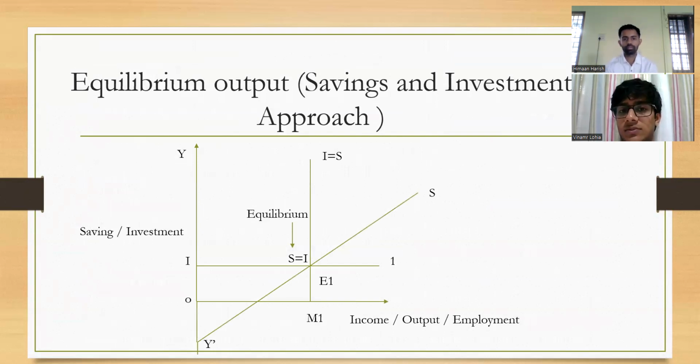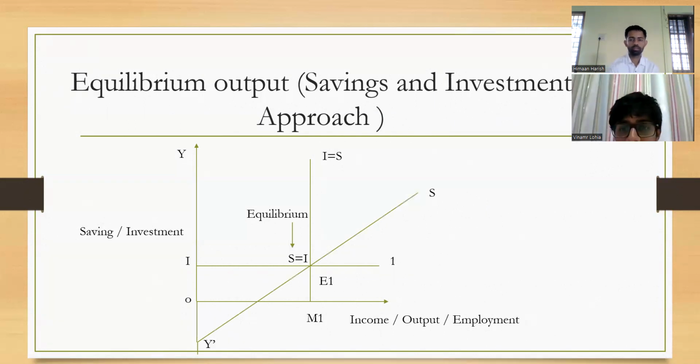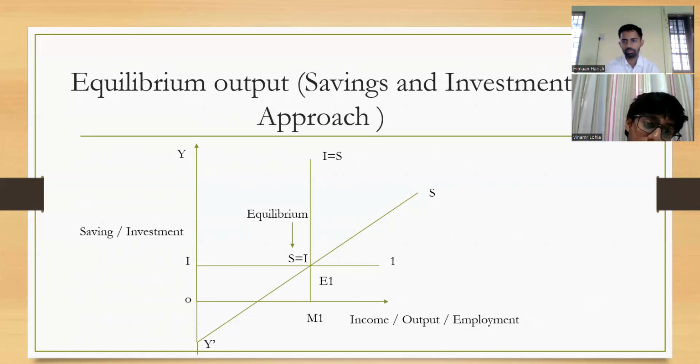And there's saving starting from y dash, and there's an equilibrium at S equal to I. What can I be? Is it investment? Investment, yes. Or is it income? I thought Y is income. Yes. So what is this Y on the Y axis? It is income, right?